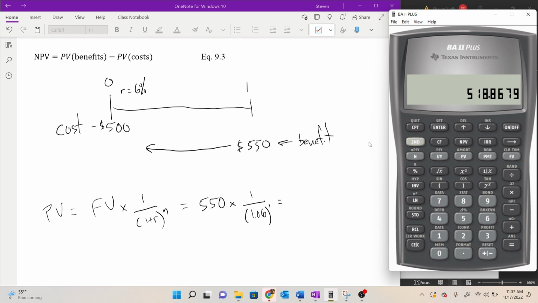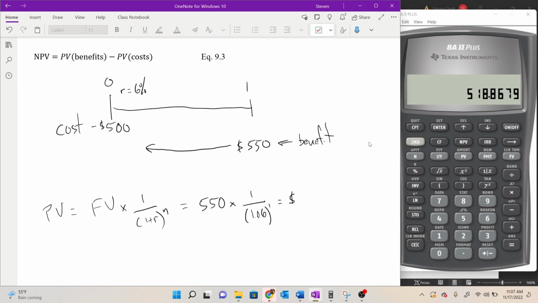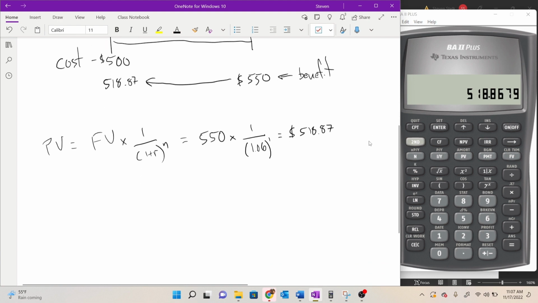All right, and we are getting a value of $518 and roughly 87 cents. So that means the benefit when we put it in time period 0 is $518.87. All right, and so now we can plug into our NPV.